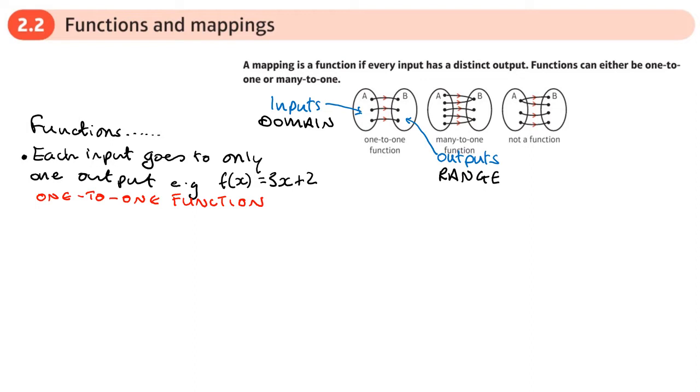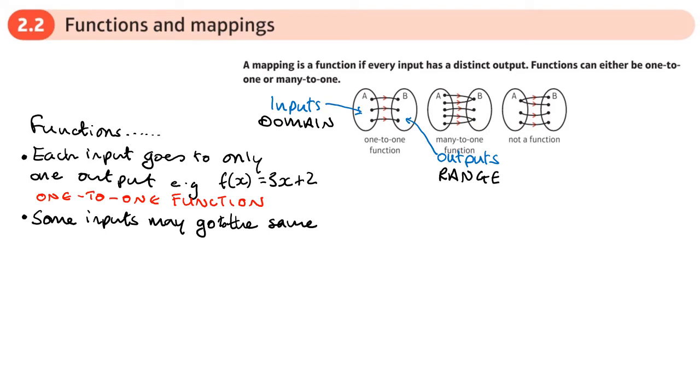The second type is where some of the inputs, it may not be all of them, let's change that to some rather than each because it's not true for all of them, some inputs may go to the same output.